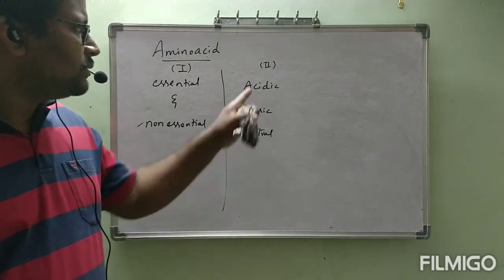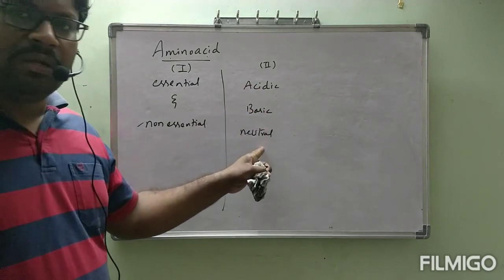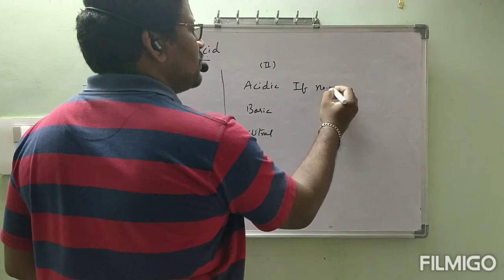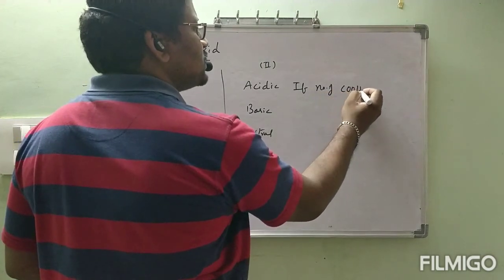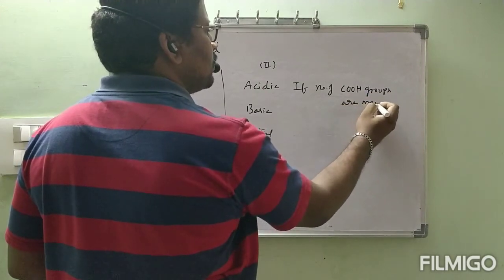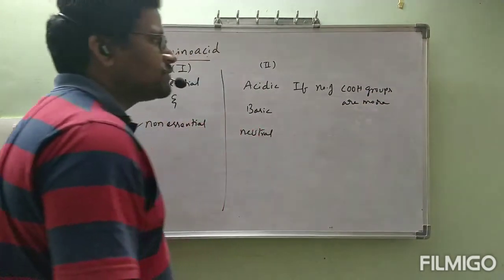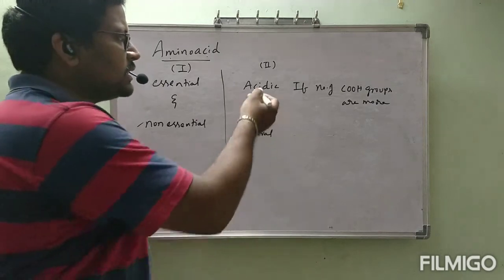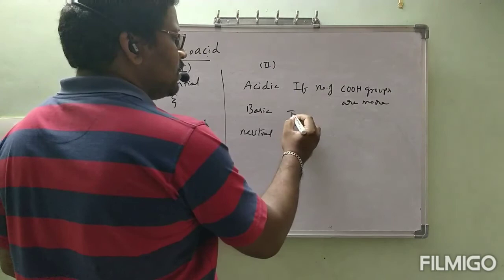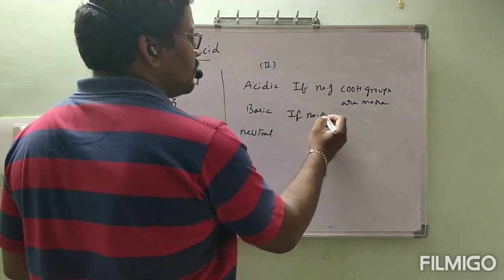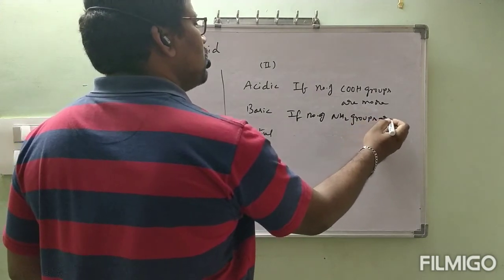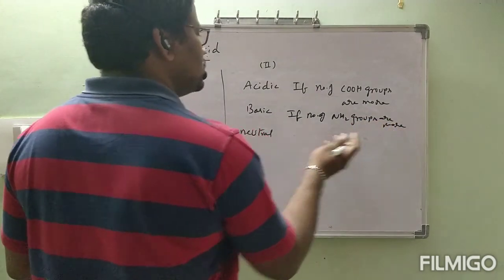Now coming to acidic, basic and neutral. If the number of COOH groups is more, then that is an acidic amino acid. If the number of NH2 groups is more, then it is basic.